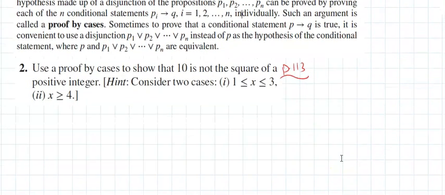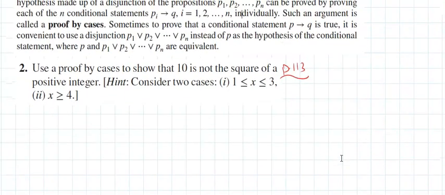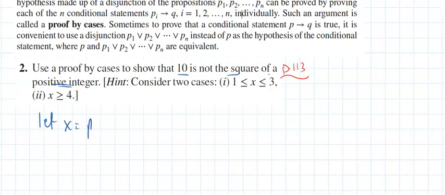Looking at page 113, problem number 2, it says use proof by cases, which is exhaustive proof, to show that 10 is not the square of a positive integer, and they give you a hint: let x be a positive integer.